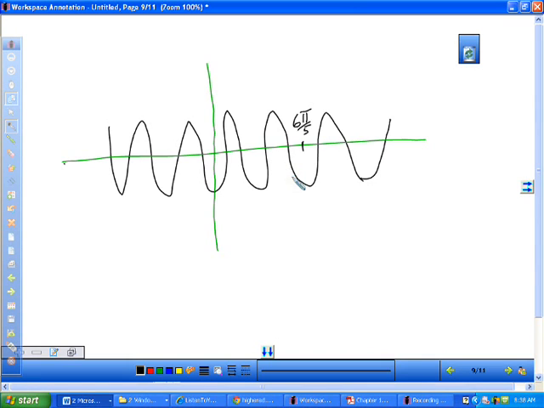So now, how do we find, what if I want to find the period? What's the period length? We know that from 0, this is 0 right there, 0 to 6 pi over 5, how many cycles are in that location?